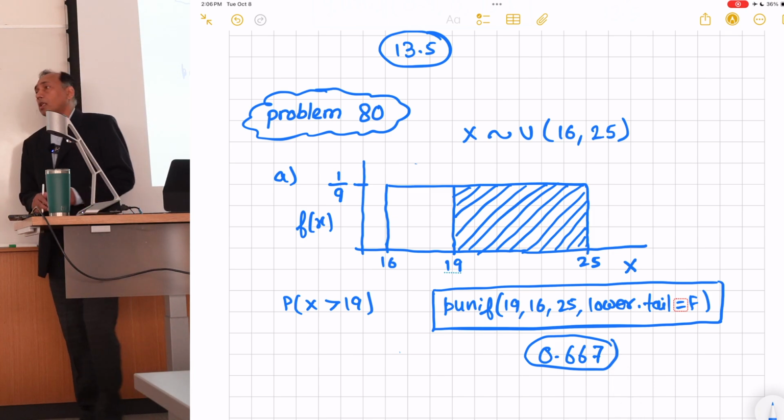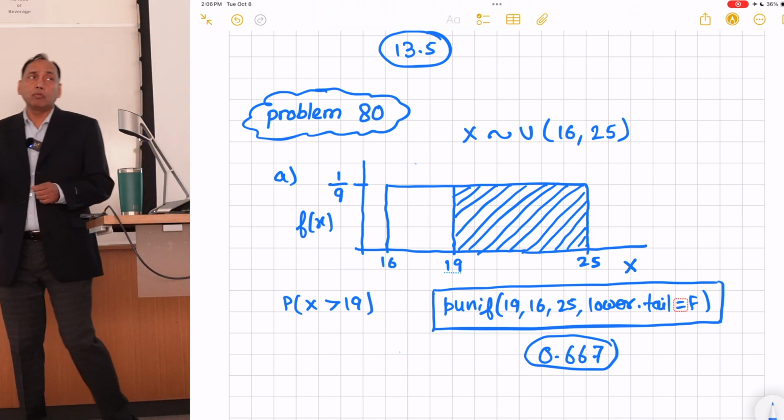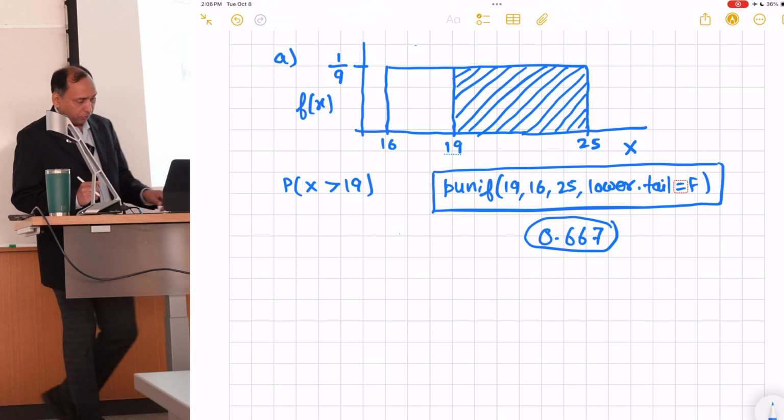There is a 66% chance that the stock price will be between 19 and 25.